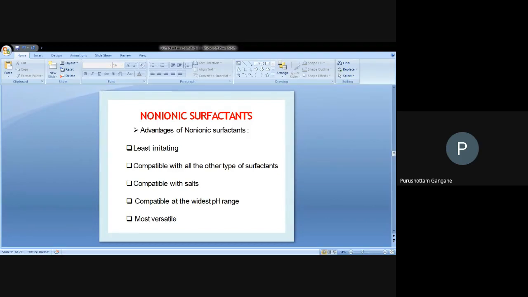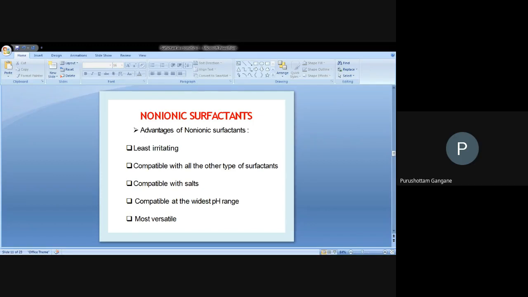If you add an anionic surfactant along with the non-ionic surfactant, there is no interaction. If you add a cationic surfactant along with the non-ionic surfactant, there is no reaction. But you can't use anionic and cationic surfactants together, as they neutralize the charge of each other. But non-ionic surfactants are compatible with all types of surfactant.